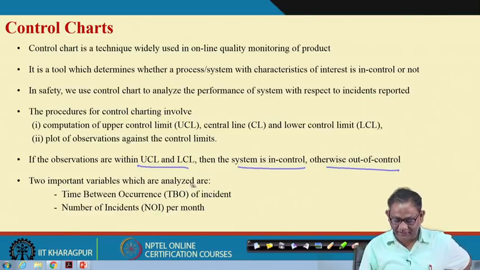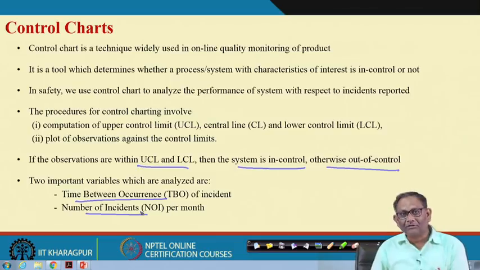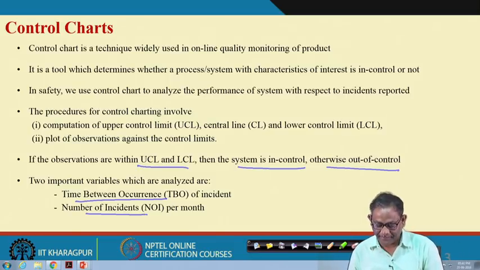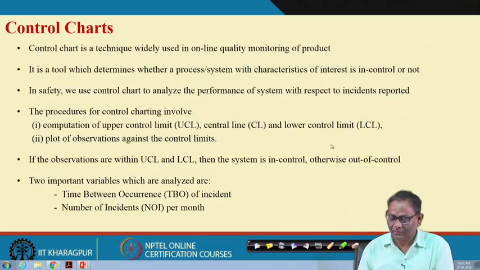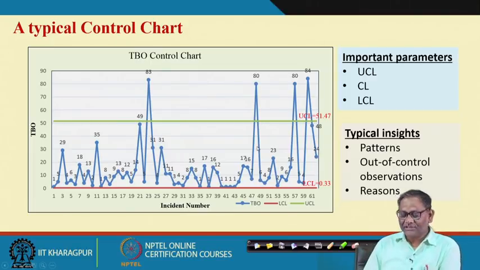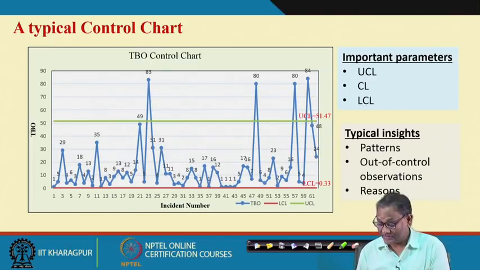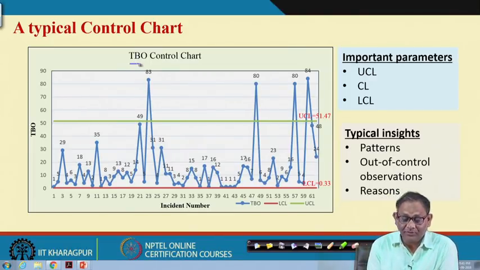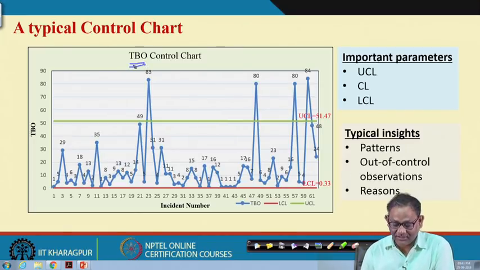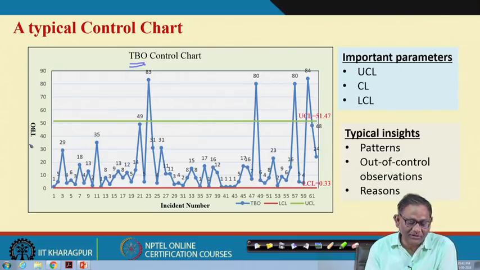Two important variables which we will be looking into are time between occurrence and number of incidents per month, because we are talking in terms of safety. This is a typical control chart where the time between occurrence is plotted. These are the incident numbers and this axis is time between occurrence.